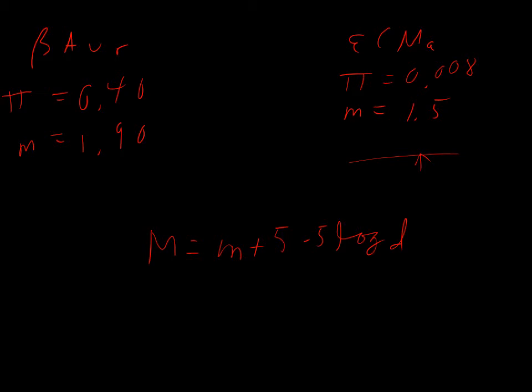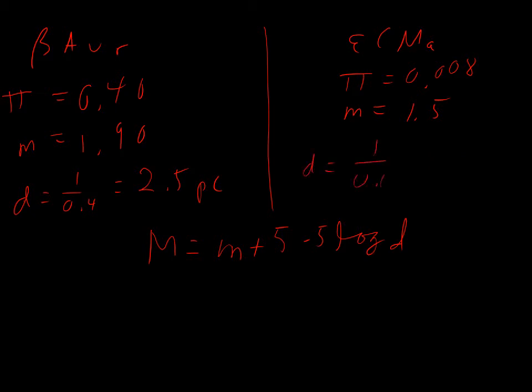Well, distance is 1 over parallax. So the distance of Beta Aurigae is going to be 1 over 0.4, which is equal to 2.5 parsecs. Now, for the other star over here, the distance is 1 over 0.008. And so all we've got to do is plug that in. That's 125 parsecs. So vastly farther away.